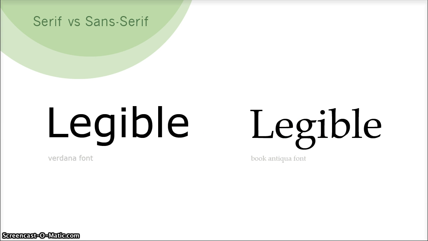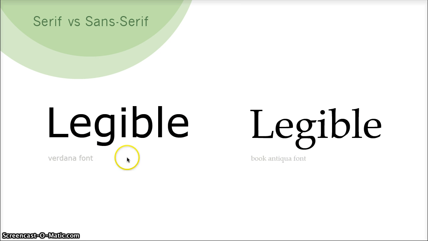Why? Because of things we've talked about before. Healthy strokes and open counters. We determined Verdana. X height. We've determined Verdana. Apertures. Verdana. Ascenders and descenders. Verdana.